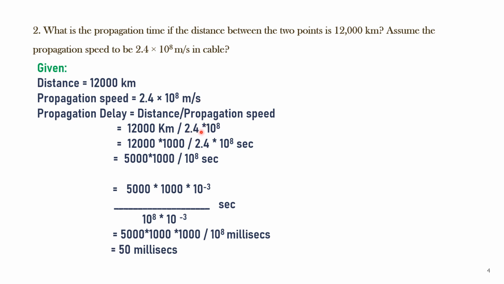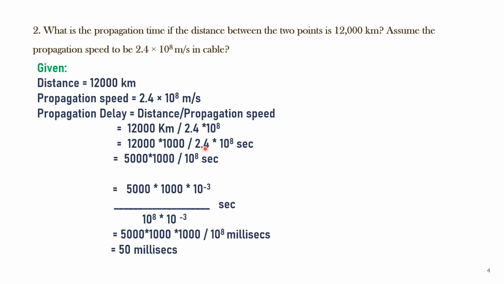Here the distance is given in kilometers, so we have to convert it into meters. To convert kilometers to meters, we multiply by 1000, so we write 12,000 into 1000. Now it has been converted into meters, divided by 2.4 into 10 to the power of 8 seconds.